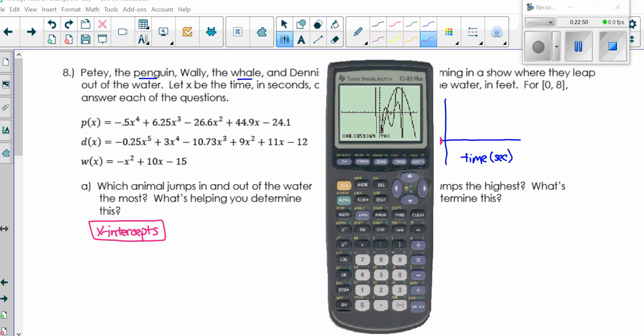Okay. All right, so x-intercepts are going to tell us how many times something jumps in and out. So this is what I'm going to do. I'm going to change this back to 1, and then it's going to regraph this whole thing so we can count as it goes. So the first one is the penguin. All right, so the penguin goes out, under, so it goes out once, twice. So 1, 2, 3, it has 4 x-intercepts.